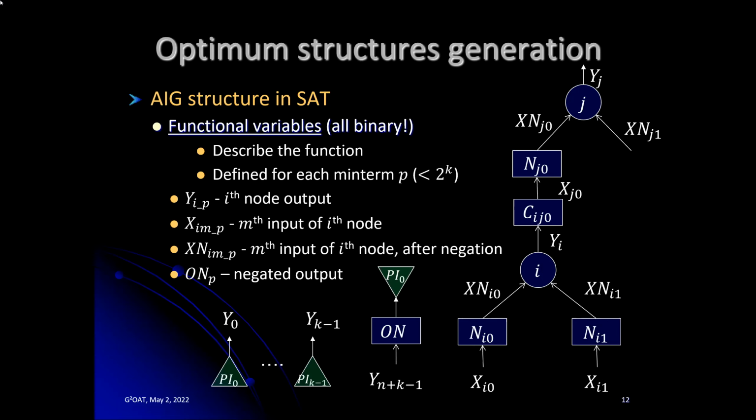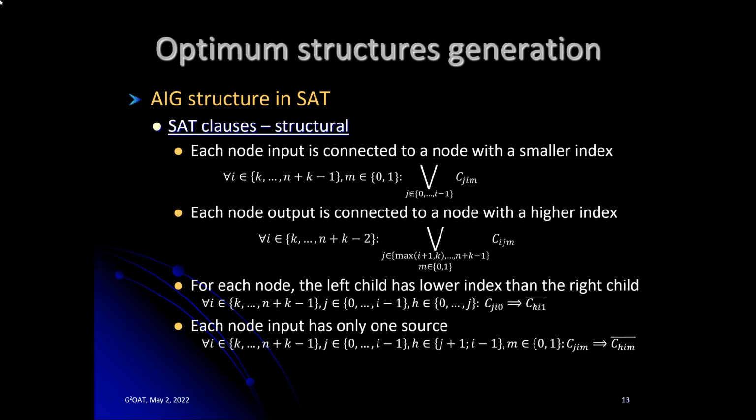So these are variables, and having those variables, we can construct the clauses. I'm not going to go into details, of course. If you were interested, I can give you my paper where everything is described in detail. So just to give you an example how it works. Some rules for functioning must be introduced.